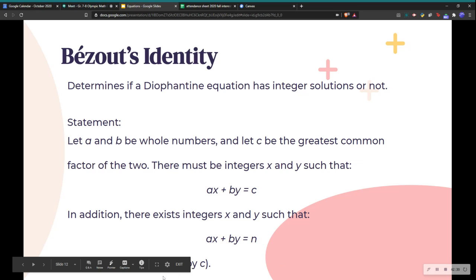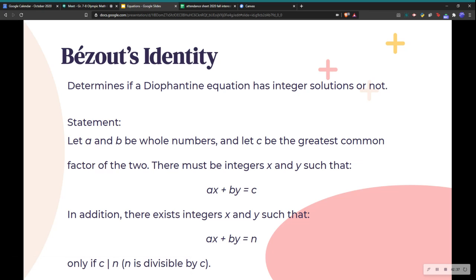Say we have ax plus by is equal to n. And this can only be true if c divides n, or n is divisible by c. So that's the statement at the bottom right here.